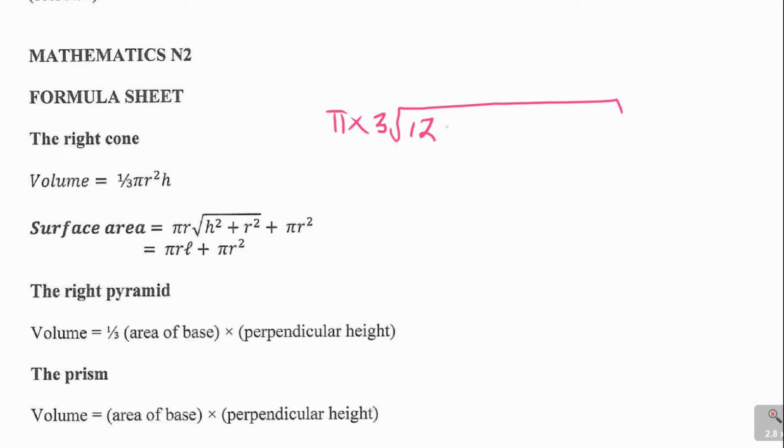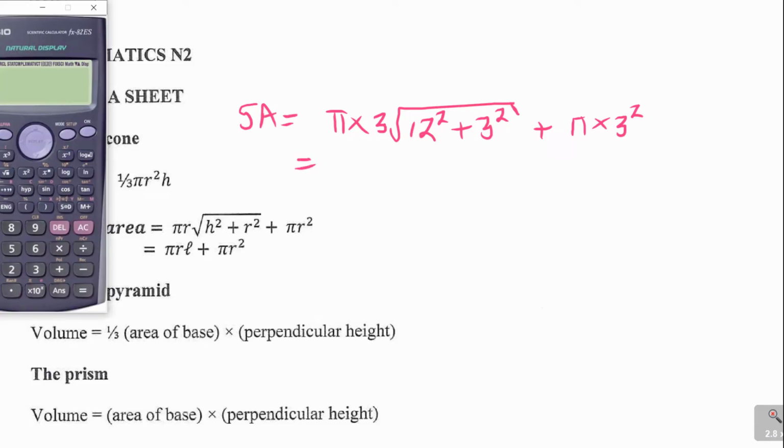It was 12 squared, that's what you do, plus r again is 3 squared. Okay, that I made it too long there. And then plus pi times r again is 3 squared. That's it. Then you get the surface area. That's surface area of that. Then equal to, then you get that, and then you get the answer.